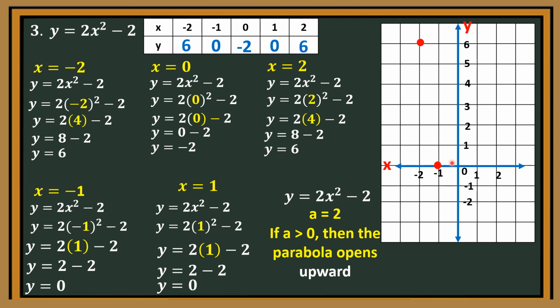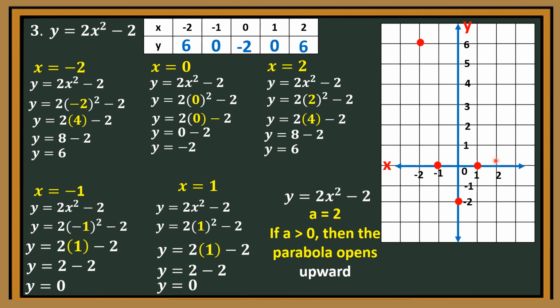Then, 0, negative 2. So, eto si 0, papunta kay negative 2. Then, 1, 0. Hanapin natin si 1. So, hindi ka pupunta dito ha. Eto lang siya. And then, 2, positive 6.